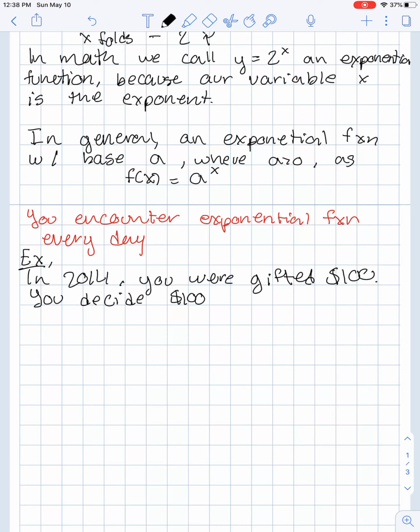You decide to invest that $100 into a savings account.